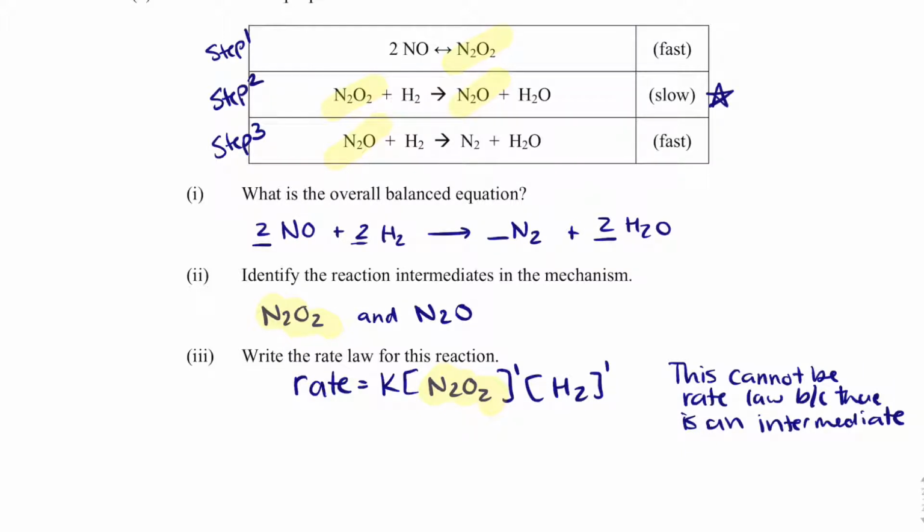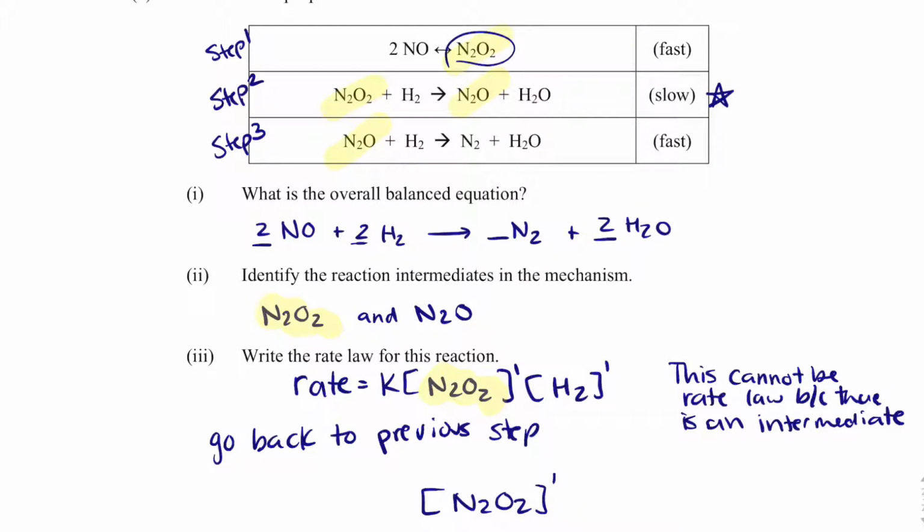So here's what we're going to do. We're just going to substitute, and I'm going to go back to the previous step. And I'm going to say, okay, N2O2 to the first power, that's in the previous step, is equal to NO squared. That's just here from the previous step.